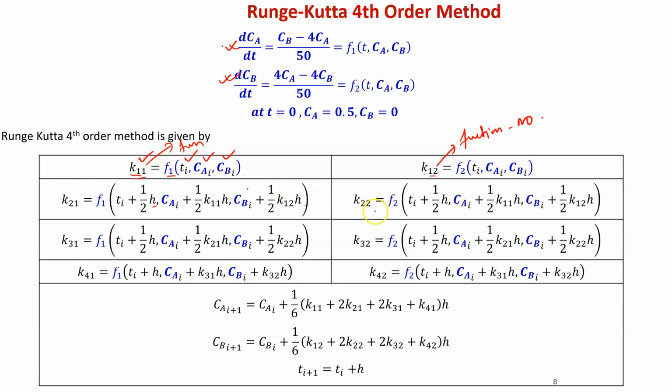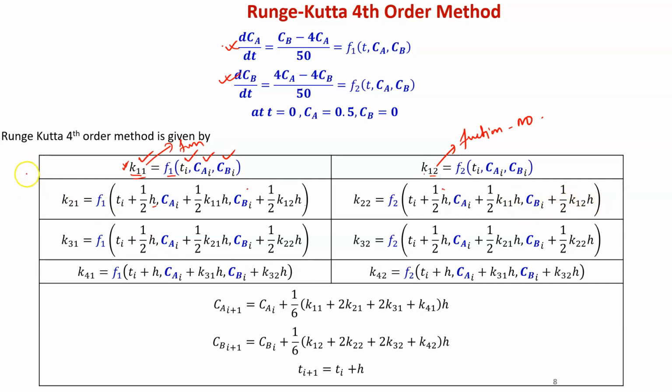For K22 also, f2 of Ti plus half of h, Cai plus half of K11 h, and Cvi plus half of K12 h.